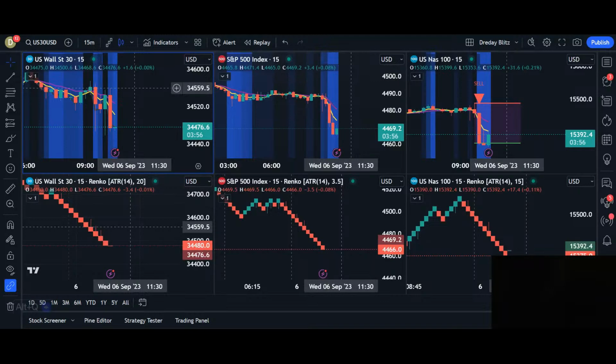After the news events, usually it goes in the same direction or the opposite way. But with the Renkos, you're able to be a little more confident in your trades, to know exactly where the market goes.